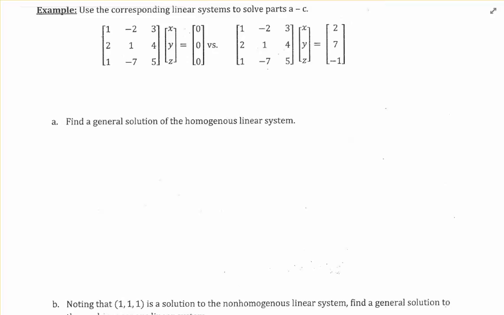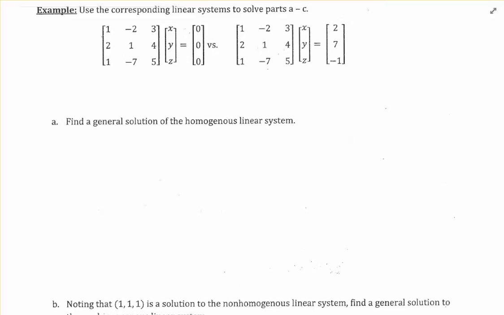With this last example, what we want to do is compare the general solution to two systems that we're going to identify as corresponding. If you look at the systems given here, both in matrix equation format, you could probably tell quite easily why they would be considered corresponding linear systems.